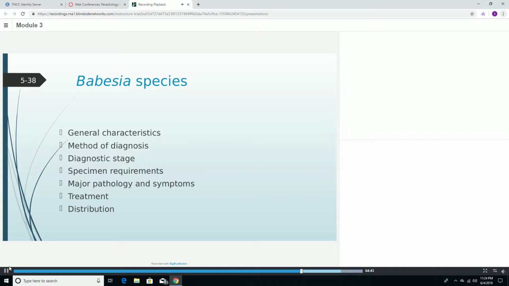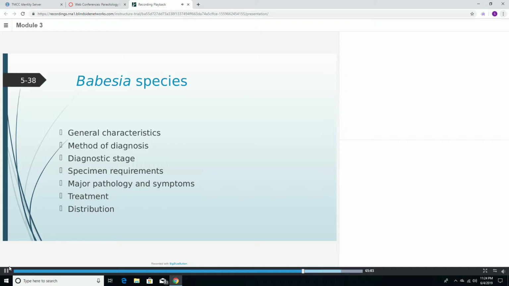Distribution is worldwide. Automated differential counting instruments can lead to diagnostic problems because these machines are not designed to detect bloodborne parasites such as malaria or Babesia. So infections can be missed, especially if a patient is asymptomatic.